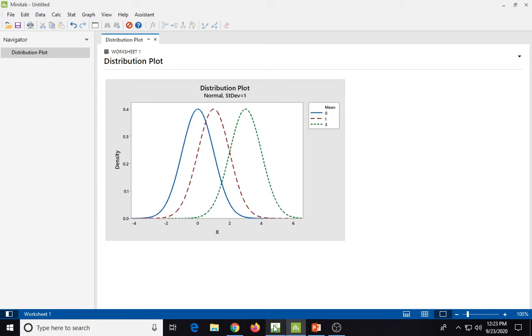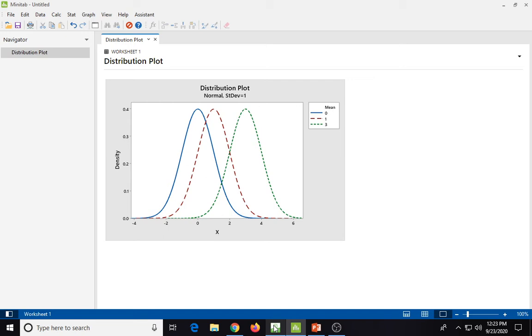Here what you have are the three distributions. Here's the mean, when mean is 0. The red one is mean of 1, and the green one is the mean of 3. So what does the different mean do to the normal distribution? Different means shift it, right?